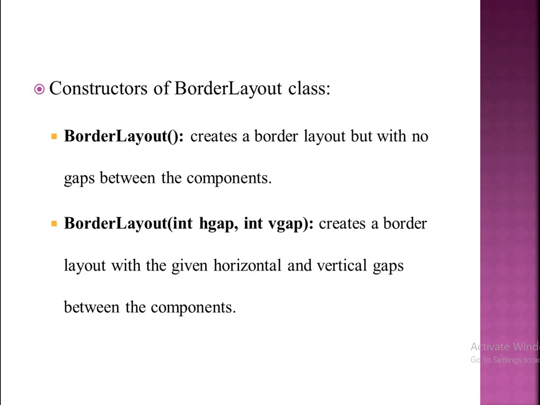This constructor creates a border layout with the given horizontal and vertical gaps between the components. While adding a component using BorderLayout, use the add method: add(component object, int region). Here region specifies where the component is to be placed.